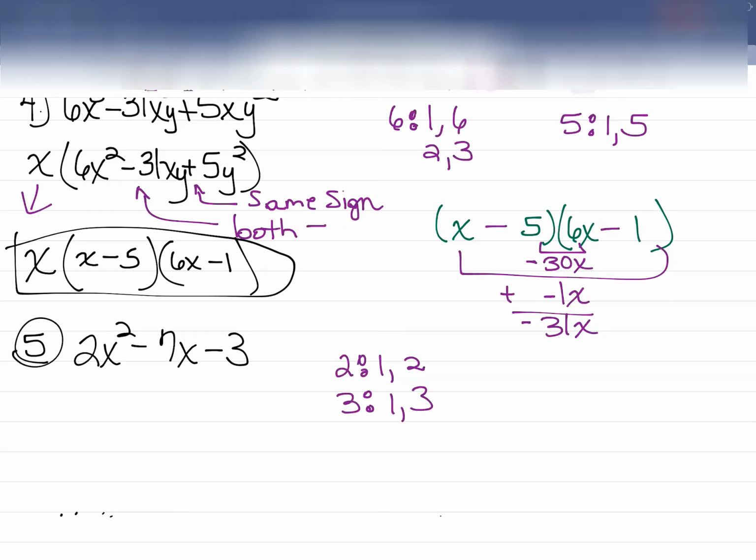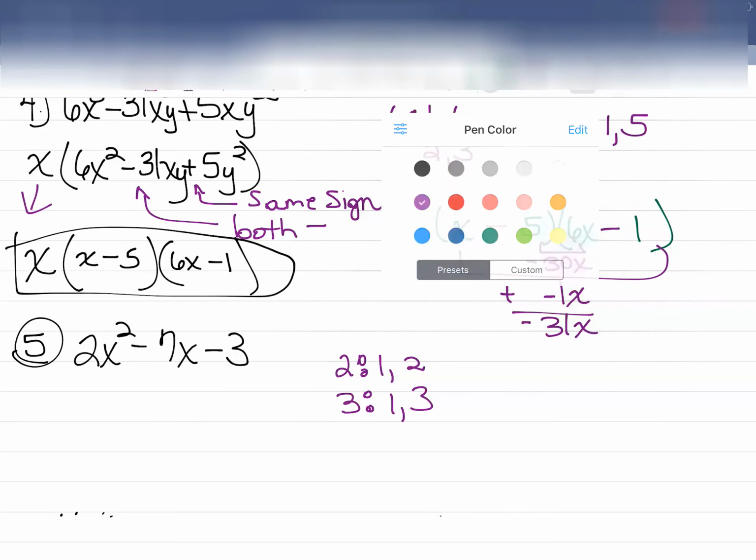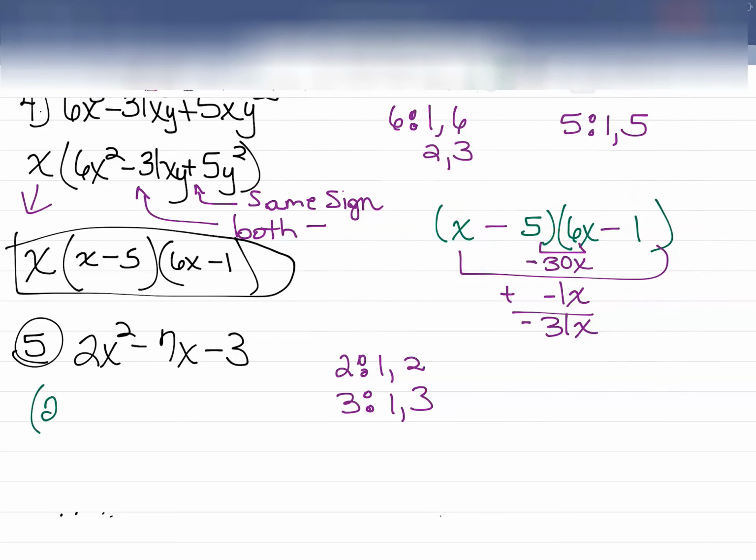They each only have one set of factors, so that'll make this one go by fast. So I'm using the 2 times the 1. I just decided to put the 2 up front, and the 1 in the back. X squared is up front, so I split it, an x and an x up front.